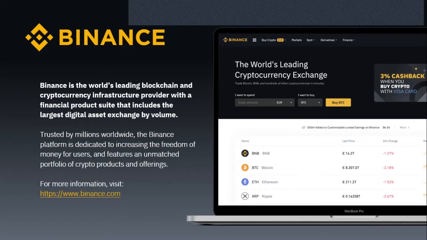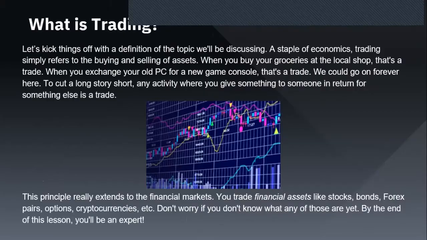Okay. So let's look at what is trading. For me, trading is not just about when you come on a digital platform like this to buy and sell.